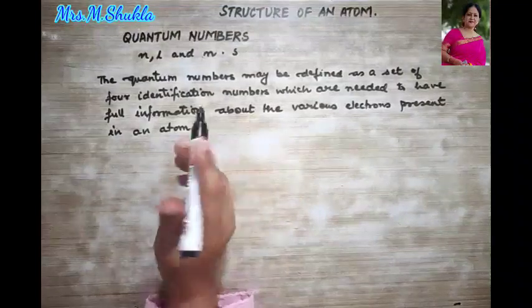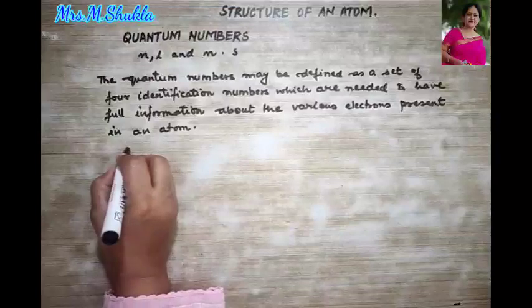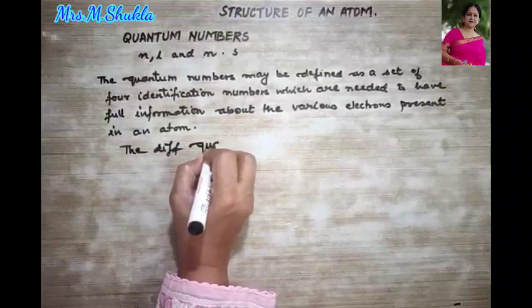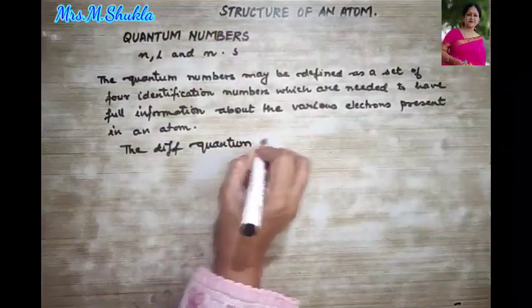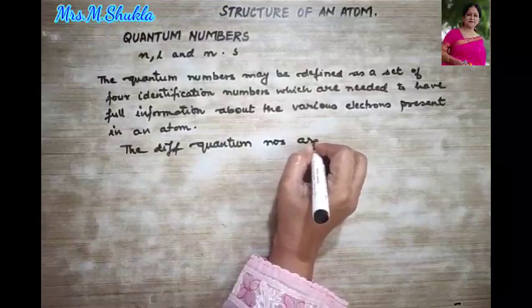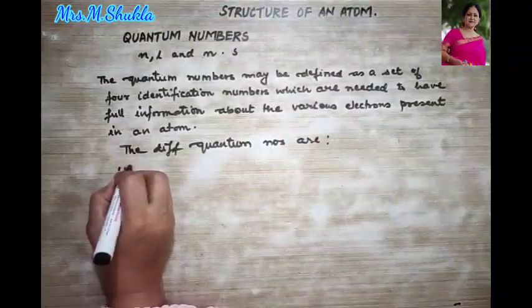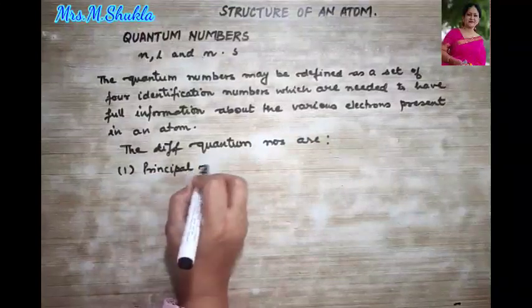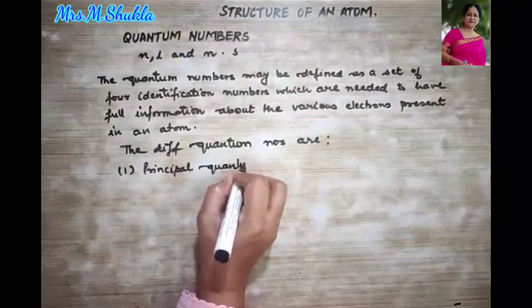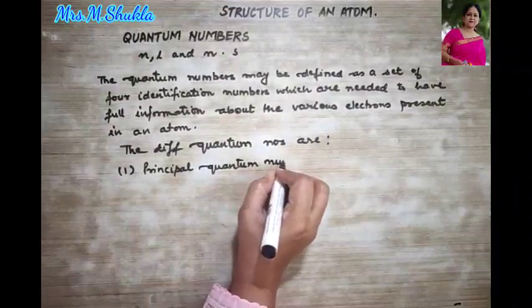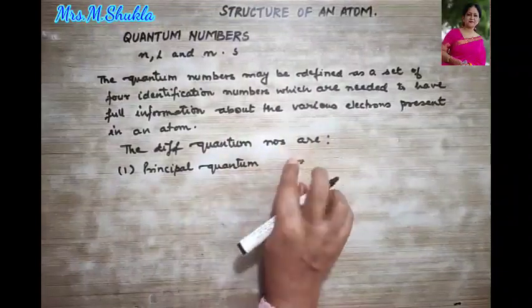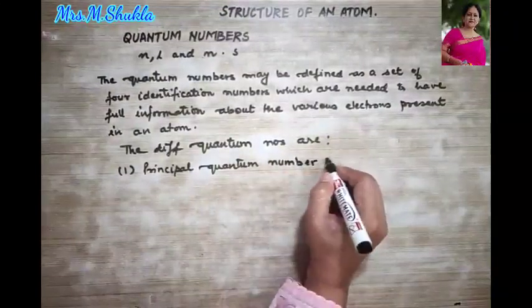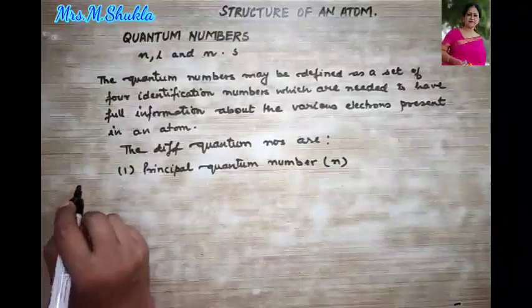So the different quantum numbers are, the first one is the principal quantum number, and this is represented by the alphabet small n.